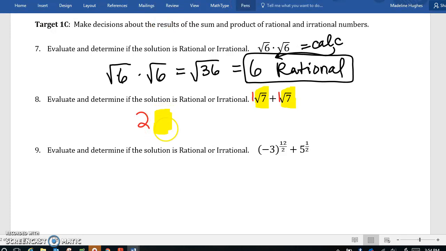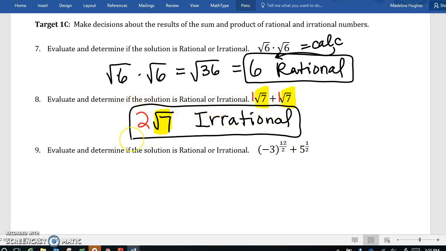So I keep that as just square root 7. So 2 square root of 7 is our final answer. And because it's a radical in our answer, it is irrational. You need both of these in your answer. You evaluate and determine if it's rational or irrational.